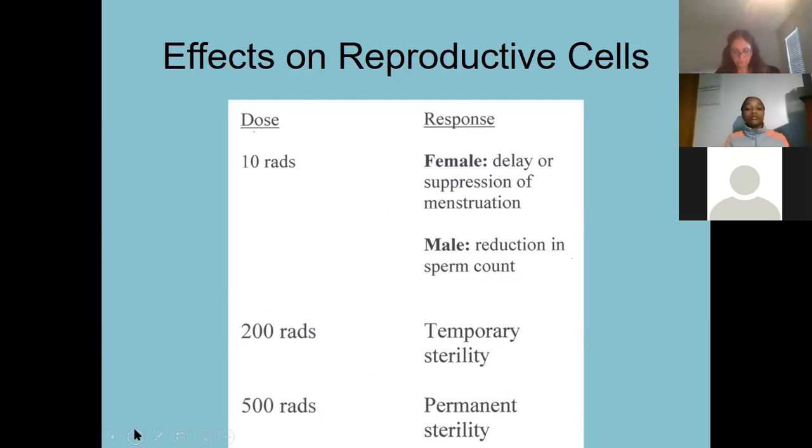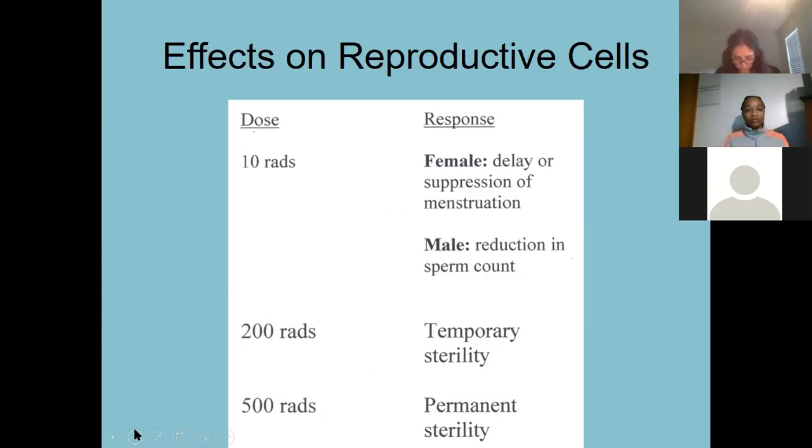If we look at the difference between females and males in general with exposure of the reproductive cells, if the reproductive cells are irradiated in the female, it will cause hormone imbalances.